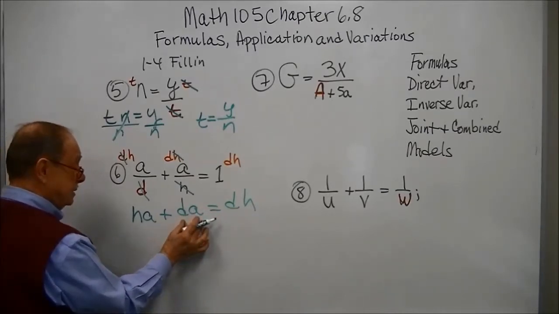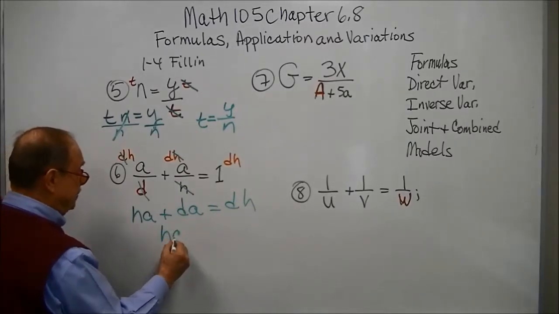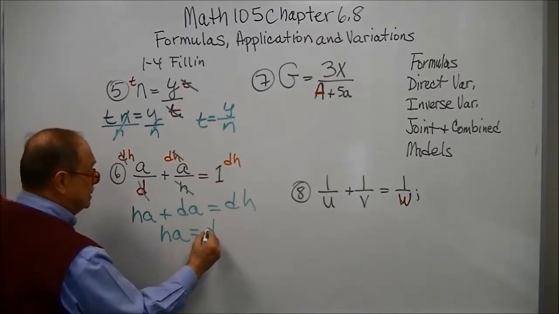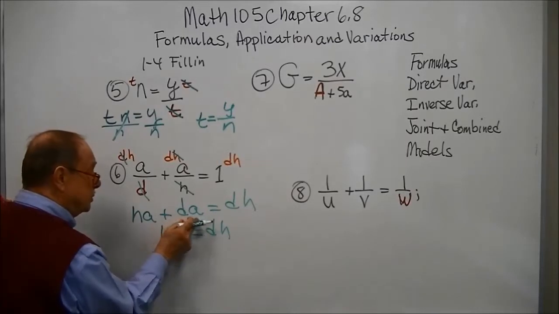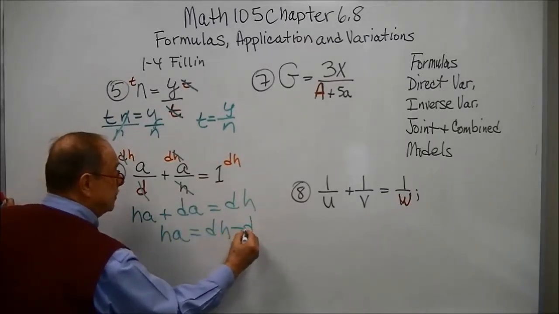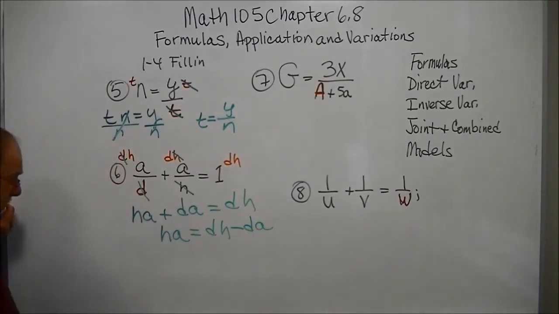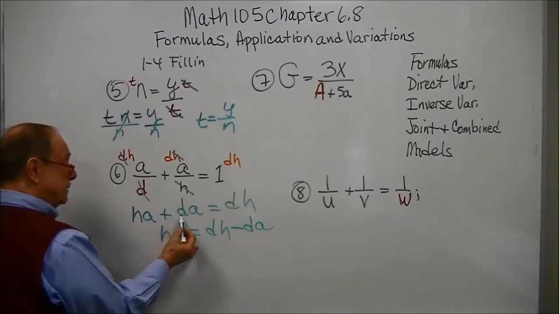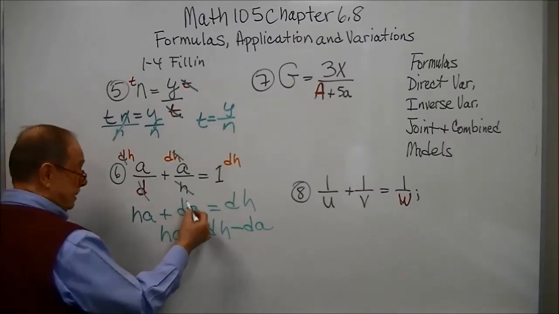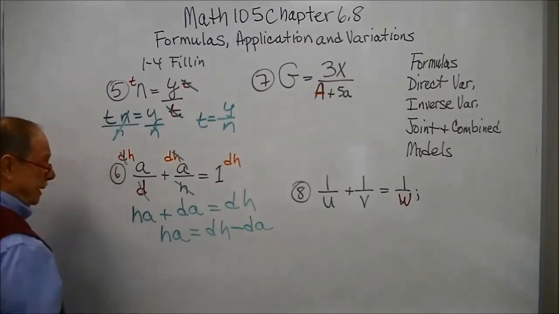So we're going to take this D term over to this side. So we'll have HA equals DH. Now when we transpose that, it changes its sign, and we have that. So we're just taking this positive DH, subtracting a DH from both sides, or just transposing.